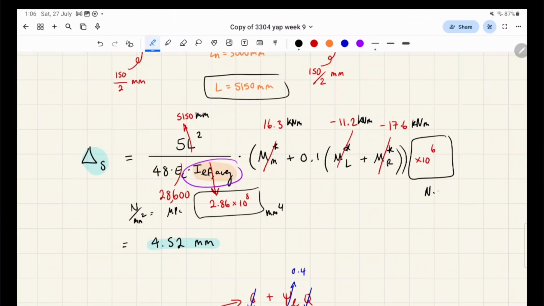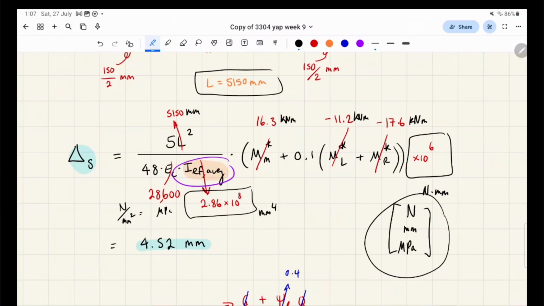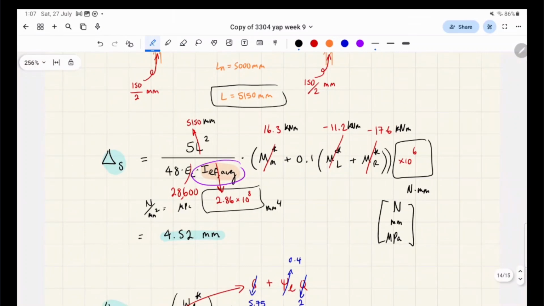So we want everything dimensionally uniform. This is a set of dimensions which work with each other, right? We're using this set, so we should keep everything to that, and you'll end up with the short-term deflection in millimeters.